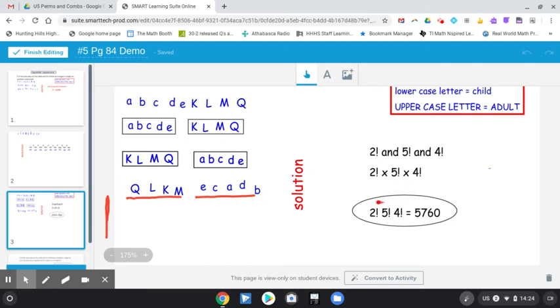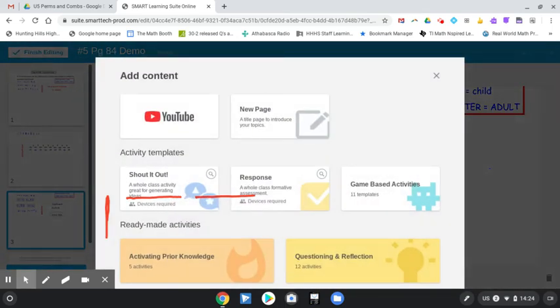And when we put it in our calculator or write it down on paper, we don't even need the multiplication sign. It's just 2 factorial, 5 factorial, 4 factorial. So there's 5,760 different ways we could line these people up for a photo where the adults would be together and the children would be together. Aren't you glad that I'm not trying to do that demonstration by showing them all to you? Holy smokes. That would be a real mind boggler.